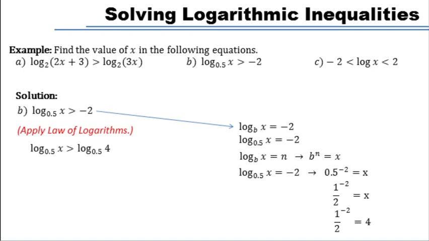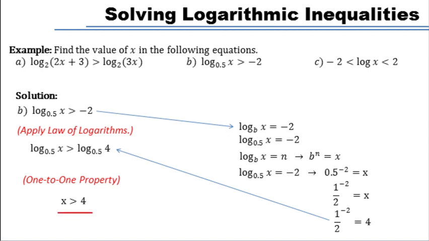So, our x is equal to 4. Therefore, we have logarithm base 0.5 of x is greater than logarithm base 0.5 of 4. Then, applying the 1-to-1 property, x is greater than 4. That is the answer.